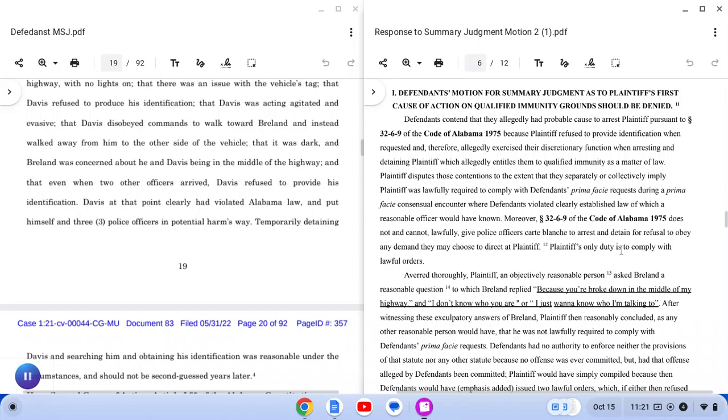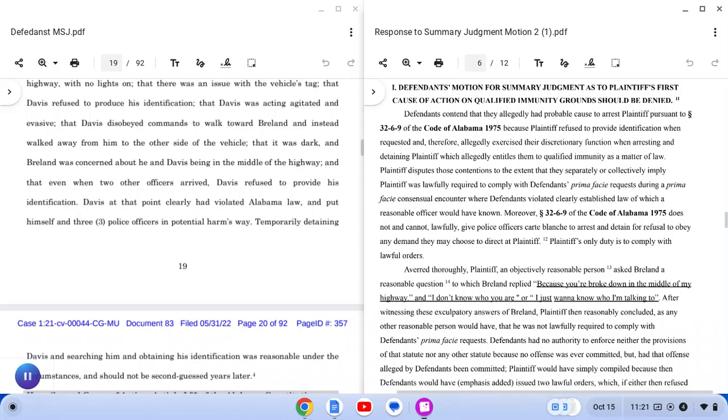Plaintiff's only duty is to comply with lawful orders. That is all you are required to do. You have a duty to comply with lawful orders. That's it.